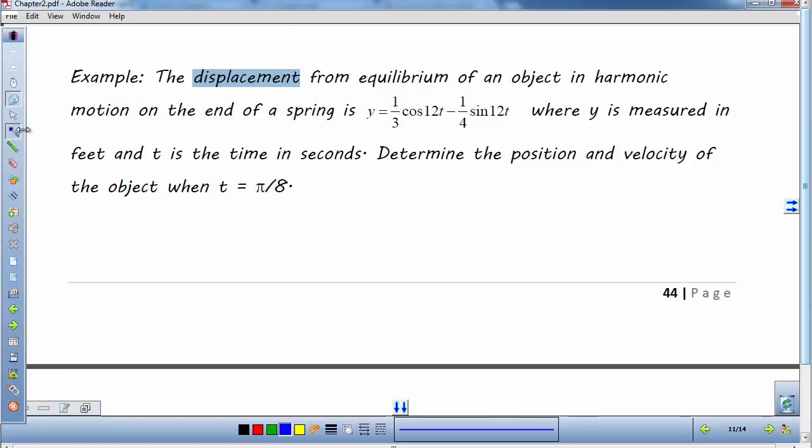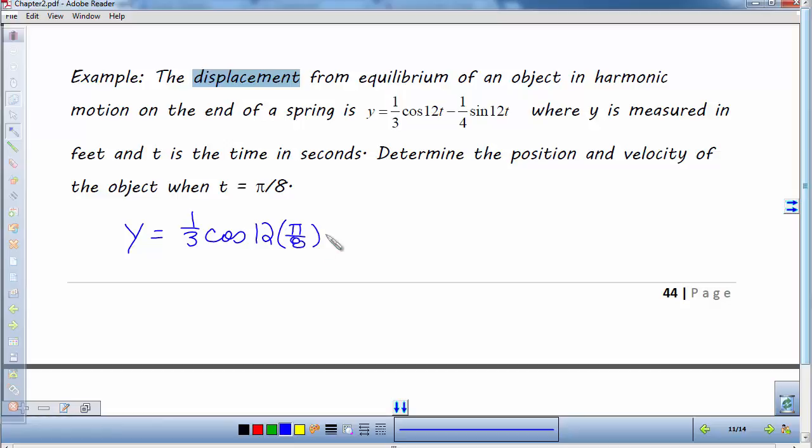Y is measured in feet. So we're going to say y equals 1/3 cosine of 12 times pi over 8 minus 1/4 sine of 12 times pi over 8.